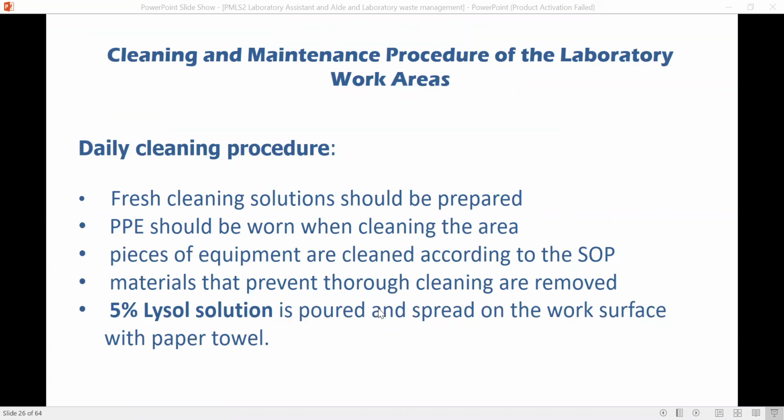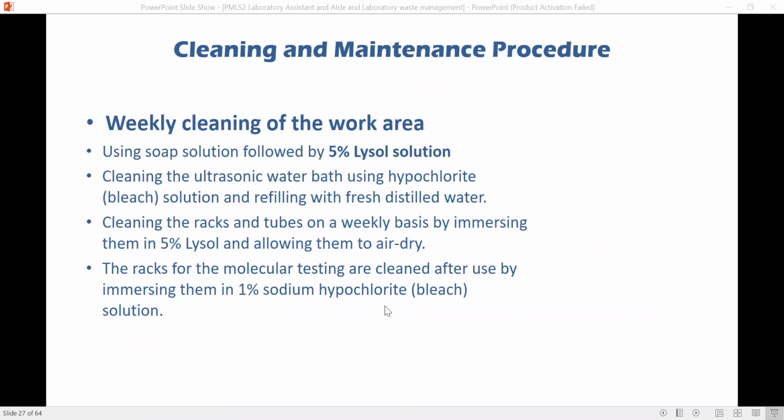Now, weekly cleaning. Use soap, followed by the 5% Lysol solution. The water baths are cleaned with hypochlorite solution. The racks and the tubes are usually soaked in Lysol and allowed to air dry.